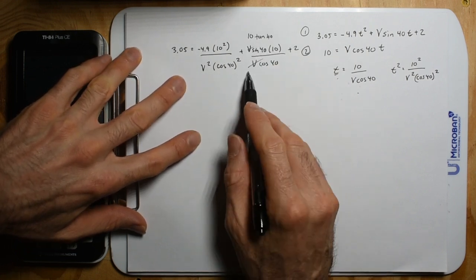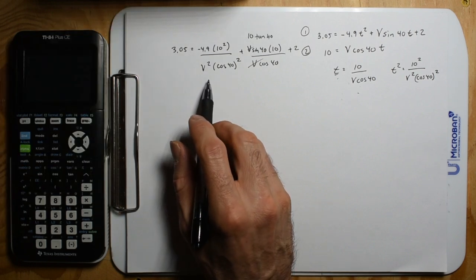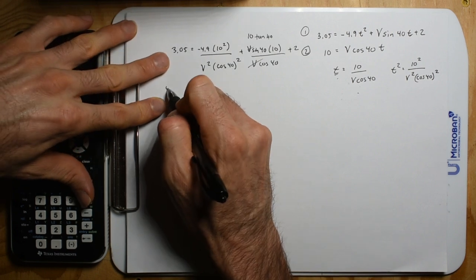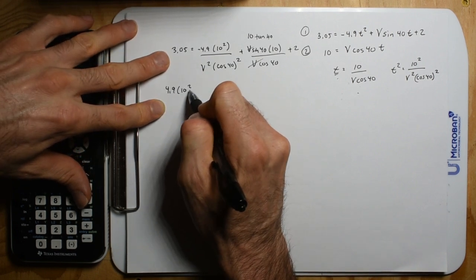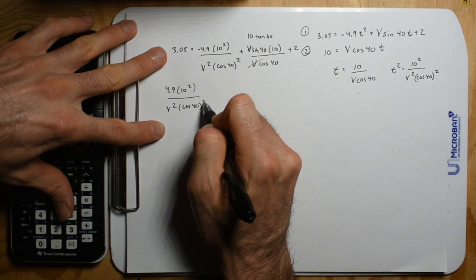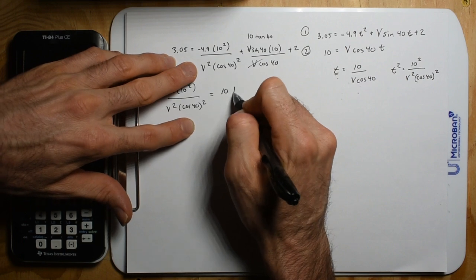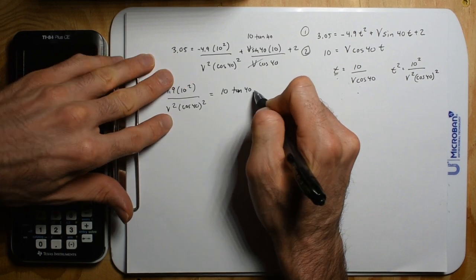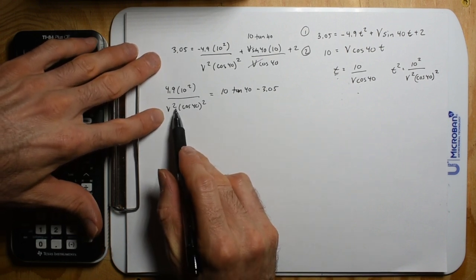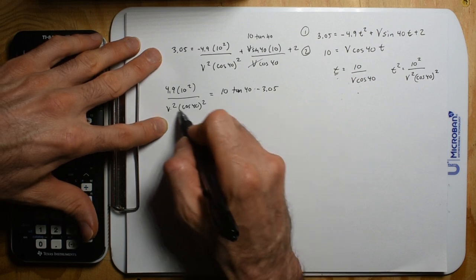So now over here, I think it would be nice to just get this positive over here. So let's go 4.9 times 10 squared over v squared cosine 40 squared. I'm just doing this because we're kind of walking on eggshells to make sure we get this right 100%. Now I guess I want to go v squared up here, so I'm just going to do that.